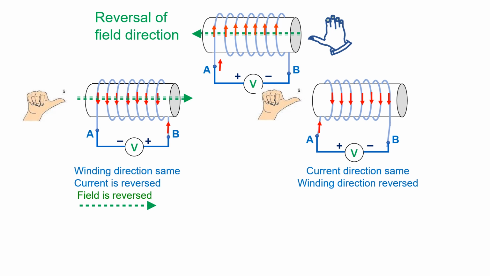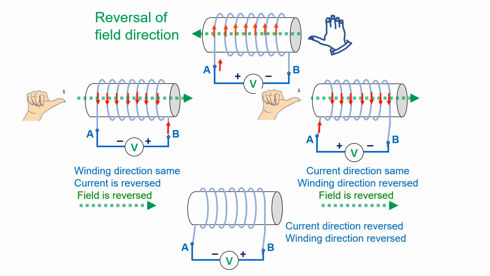The thumb is oriented towards right. That means the magnetic field is now towards right. Field is reversed. So in both the second figure and third figure, by changing the winding direction or by changing the current direction, the field directions are reversed.